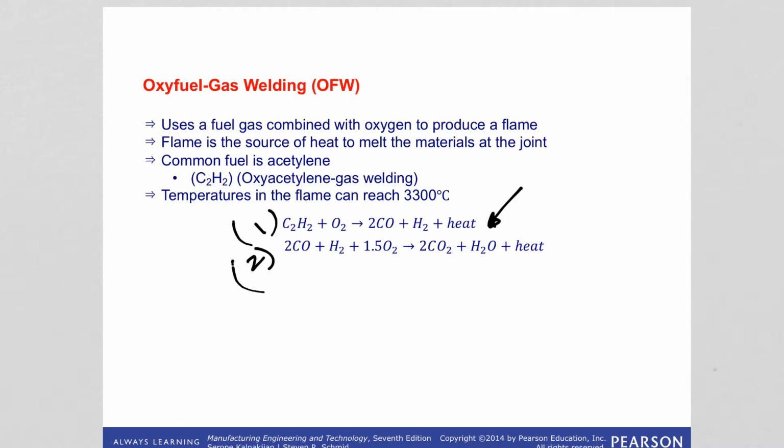The second stage of the reaction involves the combustion of the carbon monoxide and hydrogen, and occurs just beyond the first combustion zone, and you can see the second reaction right there.